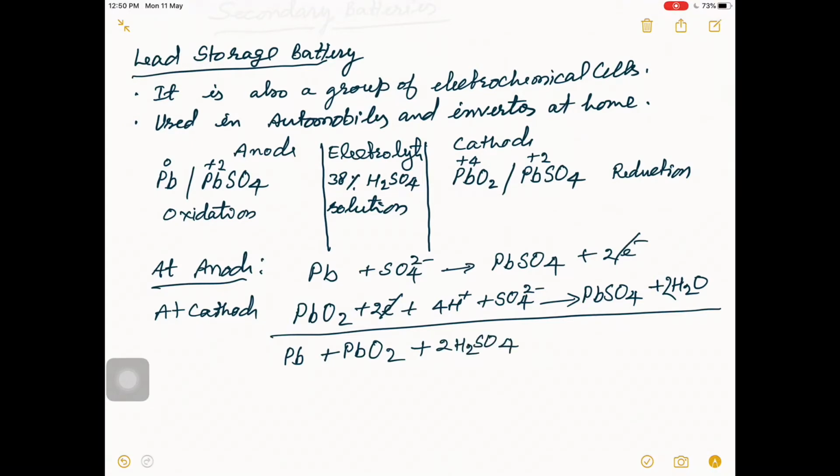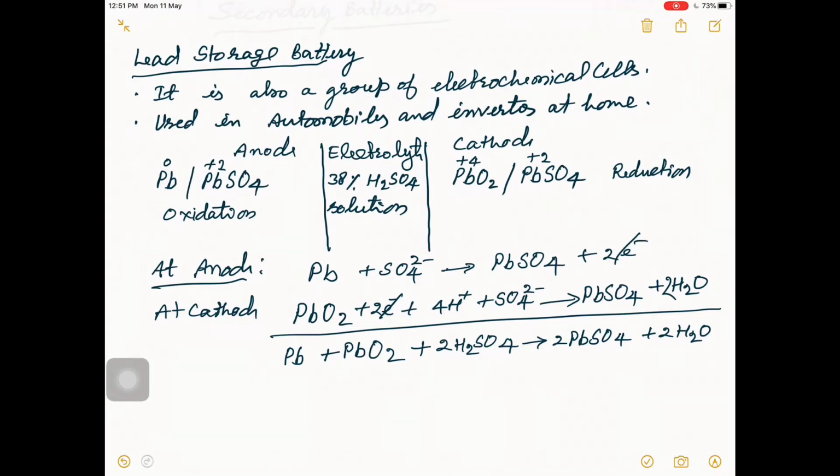This is the electrolyte used, and it means both grids, anode and cathode, are dipped in concentrated sulfuric acid. They react in the presence of 38% concentrated sulfuric acid and change into 2 PbSO4, and 2 water molecules will form. It means water will form in this reaction.